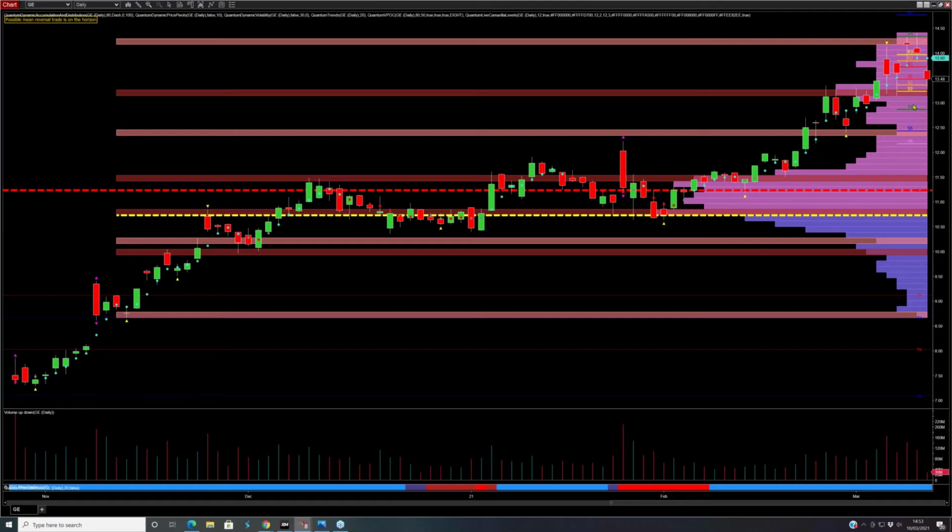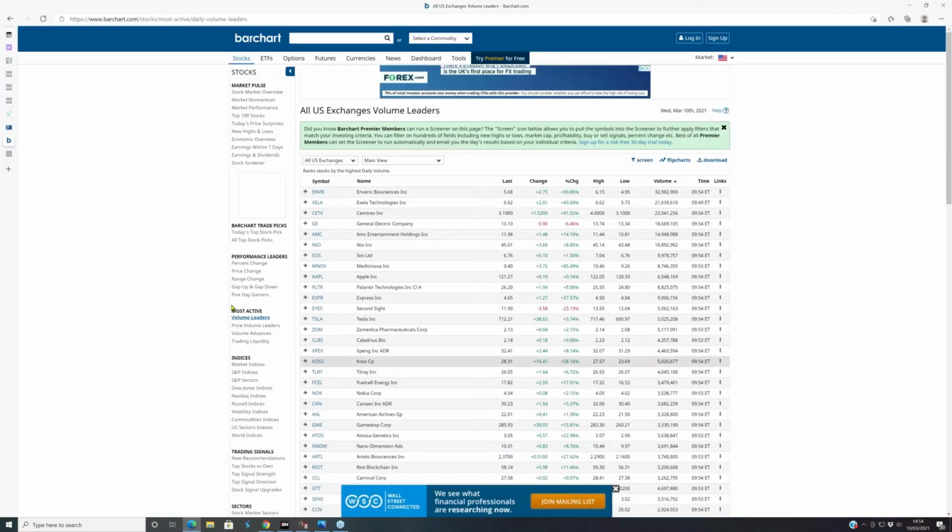I'll keep them on my watch list, and then when they're ready to break out, and they will break out with volume, which brings me right back to the bar chart, or the equivalent you have, or sometimes you can use Stock Beep, which I also have highlighted before, and you can see where the money is going. Where is the money flowing into?